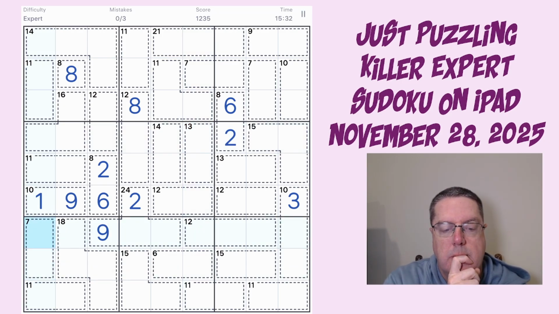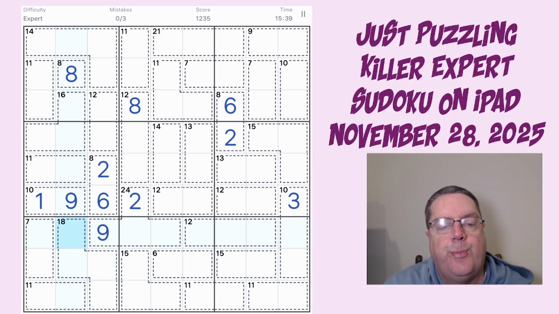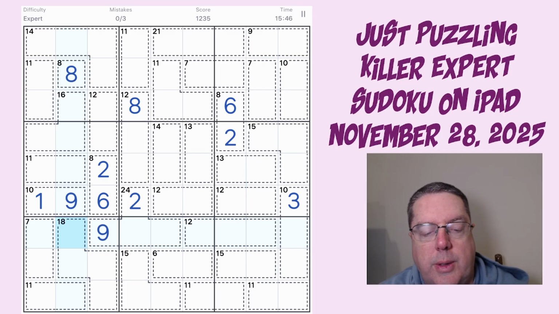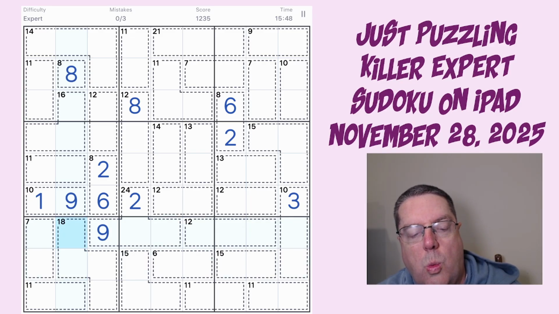1 is going to be in this here. 2 and 9. So this is going to be 1. If that's 2 and 9, that can only be 1 and 2 there, 8 and 7. 1, 2, 8, 7, 5 and 6. 3 and 4.